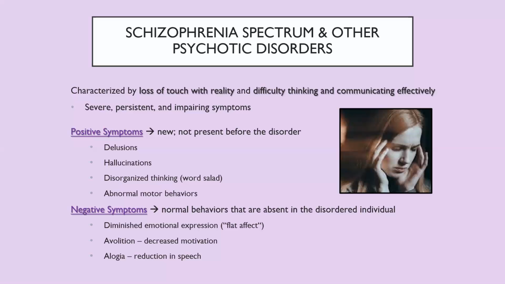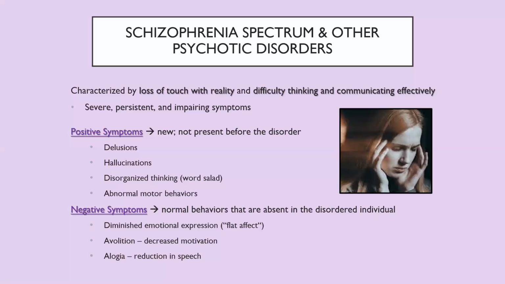And negative symptoms are things that the individual is not doing that would be normal to do. So diminished emotional expression, also called flat affect. They might seem very unemotional and flat. That's not a normal presentation of emotion. Usually there would be some emotion there when experiencing either good things or bad things.